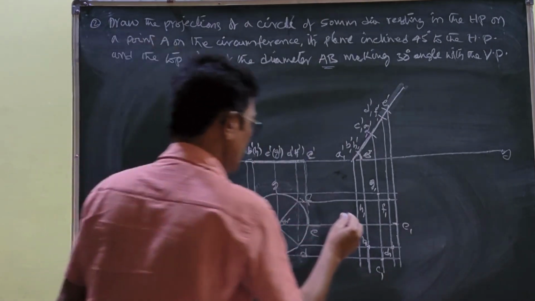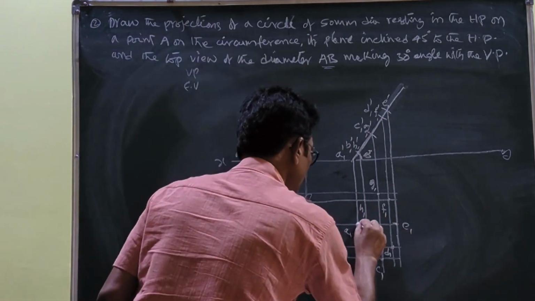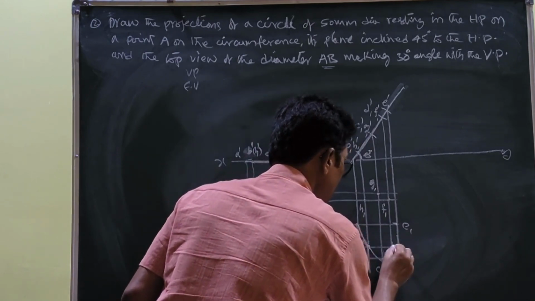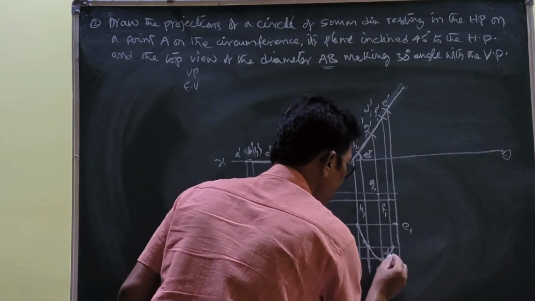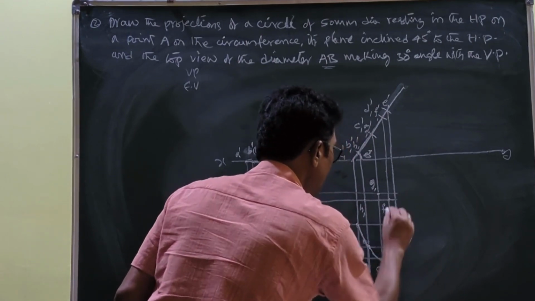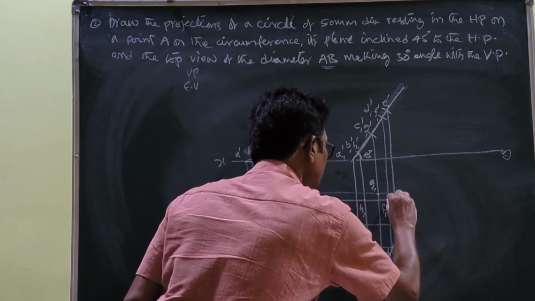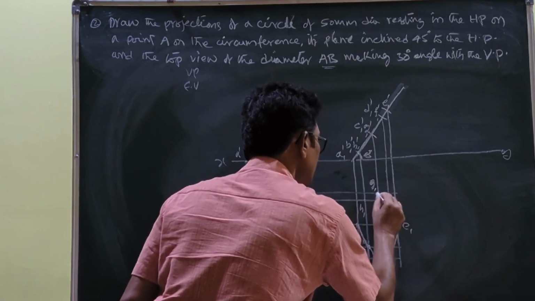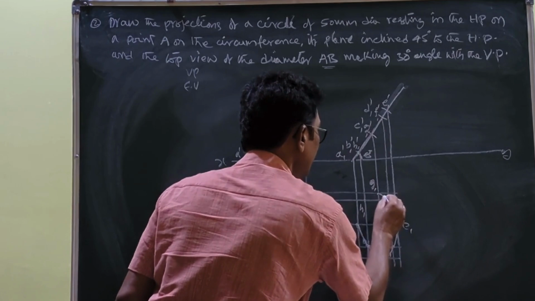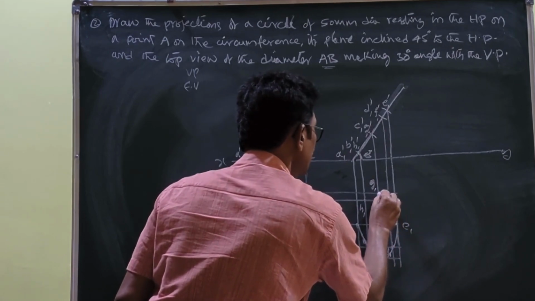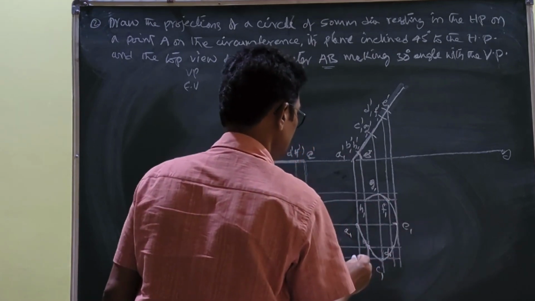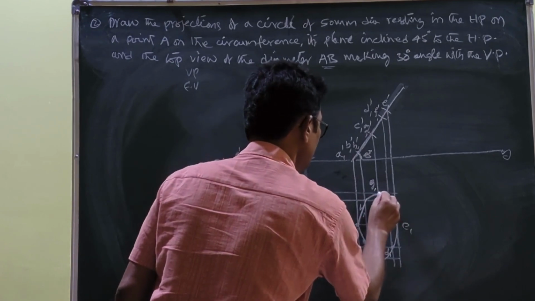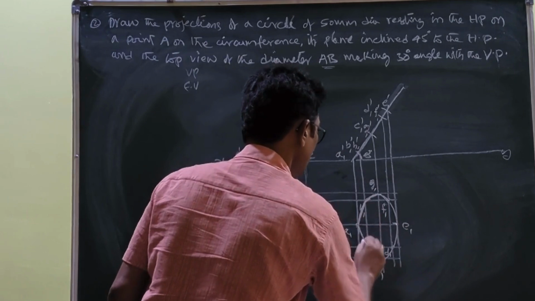Then you can join like a curve: A to B, B to C, C to D, D to E, E to F, F to G, G to H, H to A, like this.